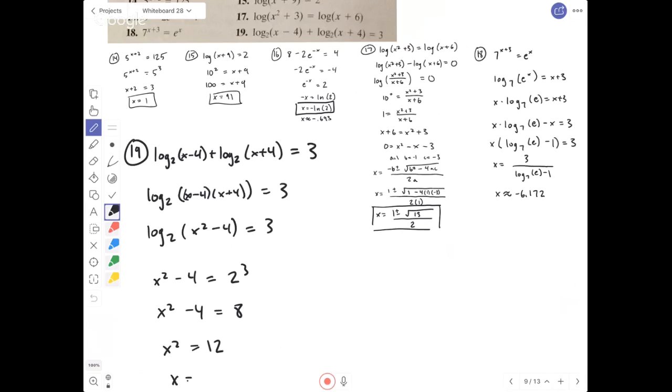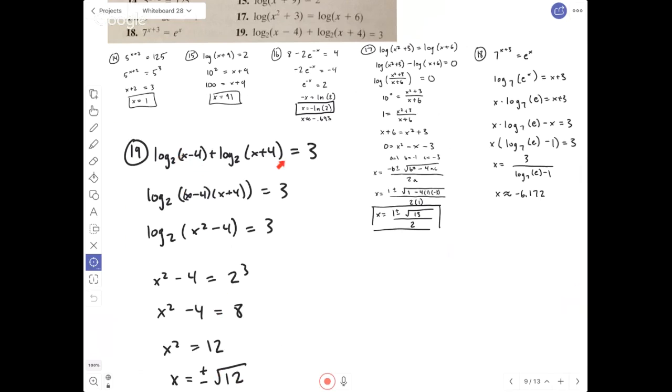So x equals, and here's another situation where I should check for both plus or minus root 12, but root 12 minus 4 is still going to be negative.